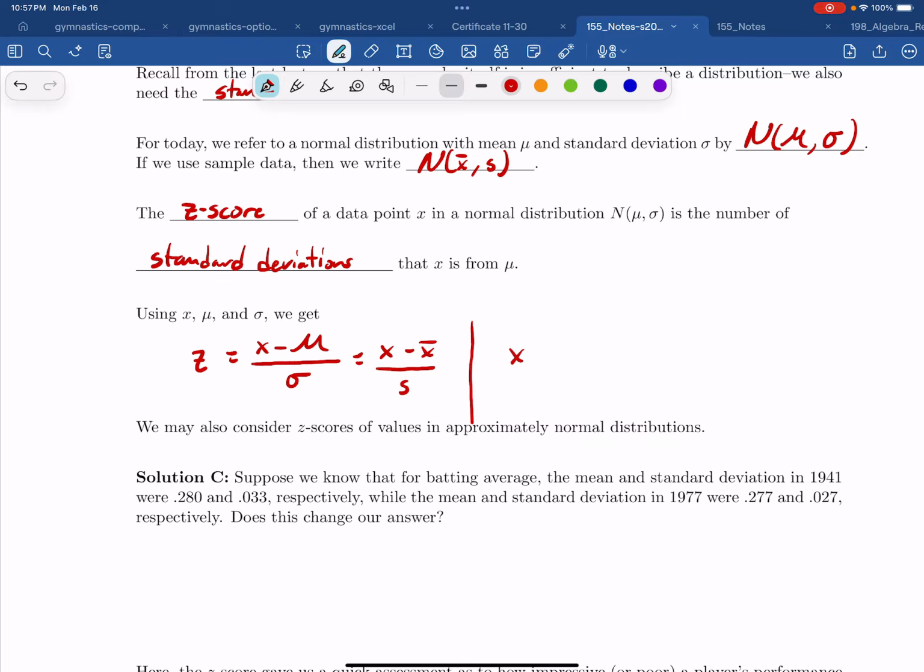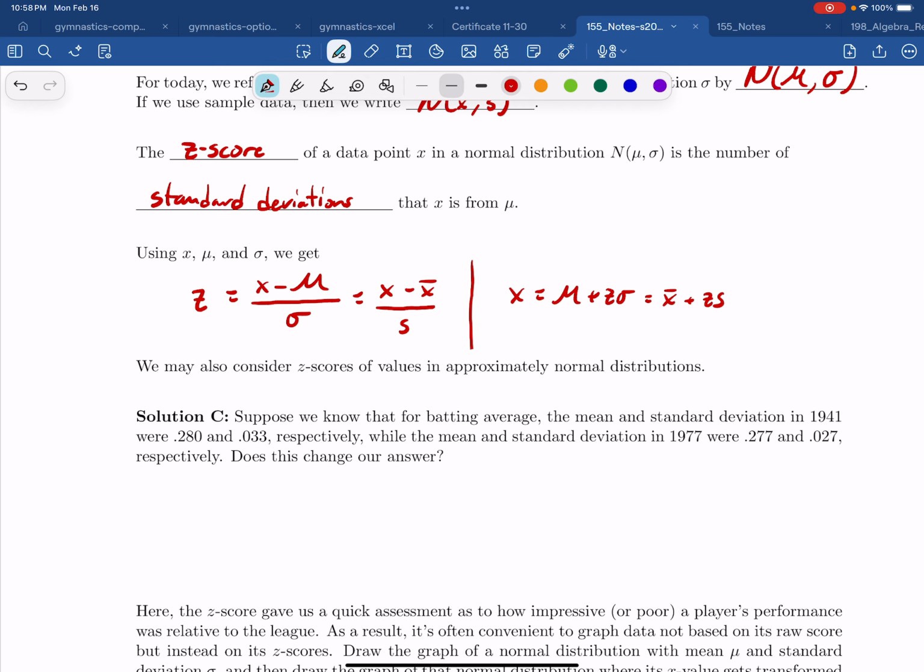So if you multiply both sides by sigma and then add mu, you would get that x equals mu plus z sigma, or x bar plus z s. Just something to keep in mind. Not sure how much we'll use that in this lecture today, but it's good to know.